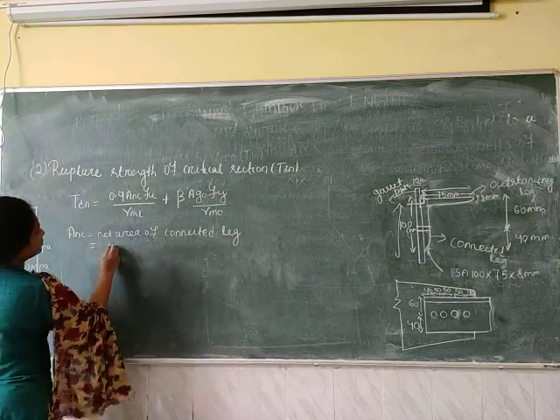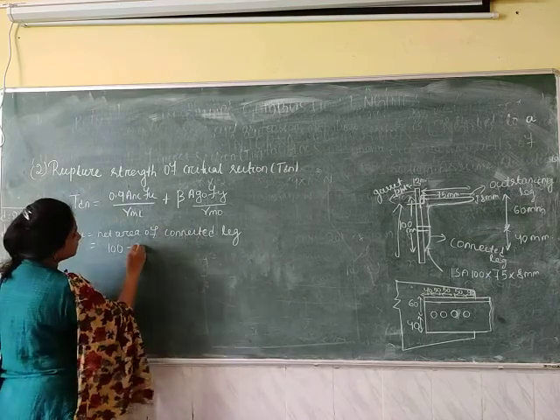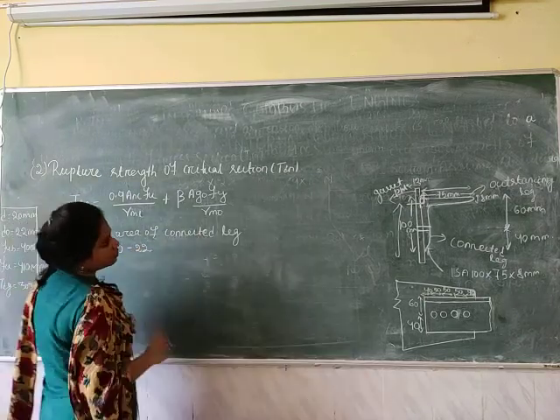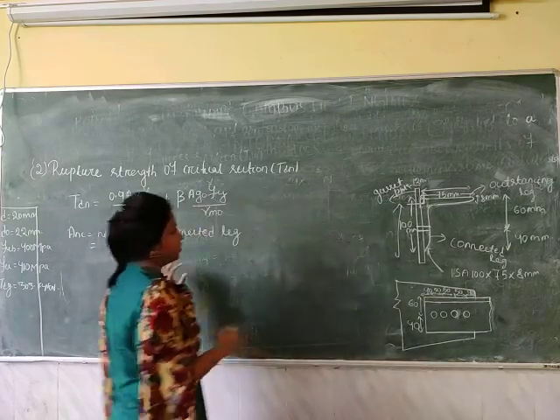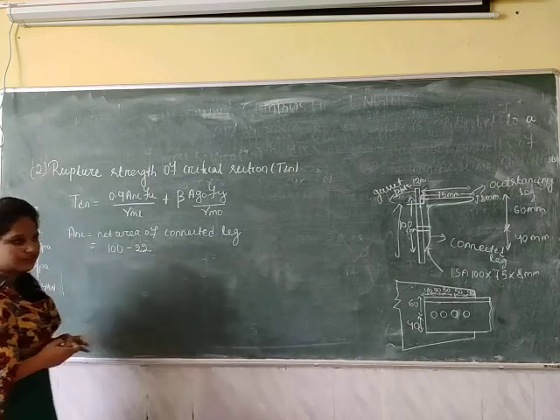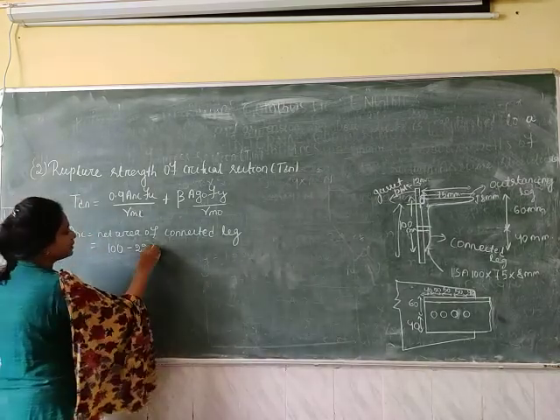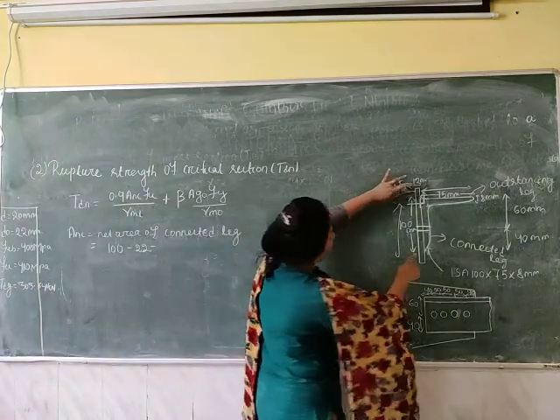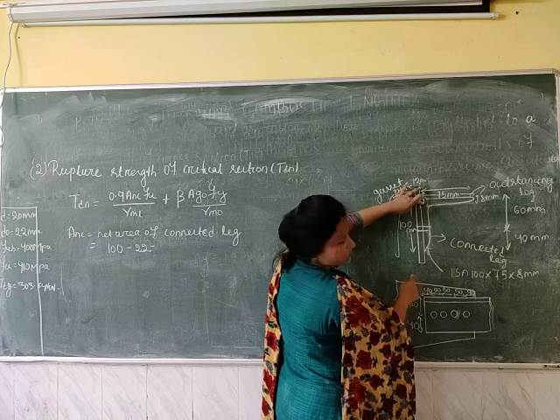100, the length of the connected leg is 100 minus the bolt hole dia. Sorry, here the bolt diameter is 20 mm, but the bolt hole dia is 22 mm. So this is the total length, that is 100 mm, but we have to take the length up to this center.